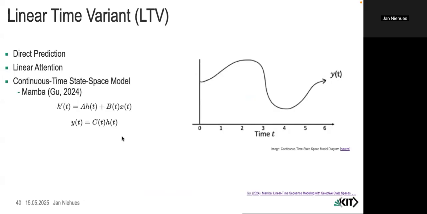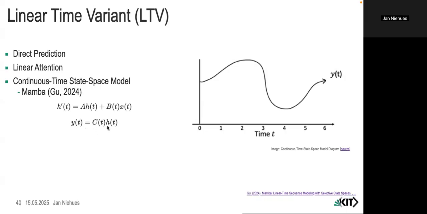And the last thing, which got quite famous and which we will look into a bit more, is to go into continuous time state space models. So the idea is, of course, that we're working in the discrete space, so we always have discrete, fixed points. However, we said there's also the continuous version of that, which can be defined with a differential equation, that h prime t is A times ht plus Bt times xt, and then y is this.